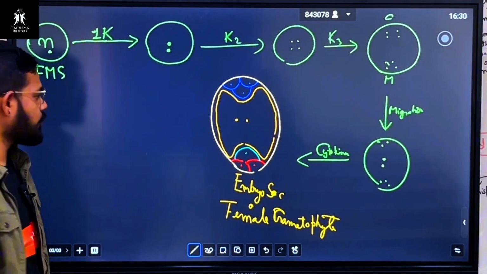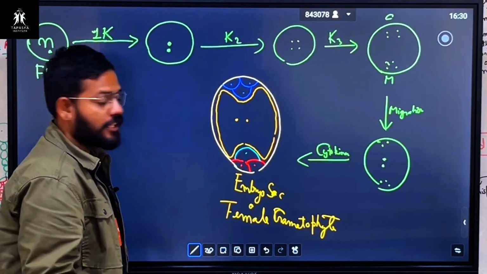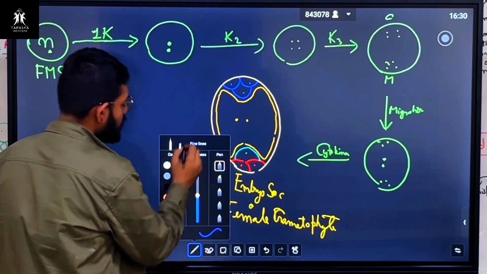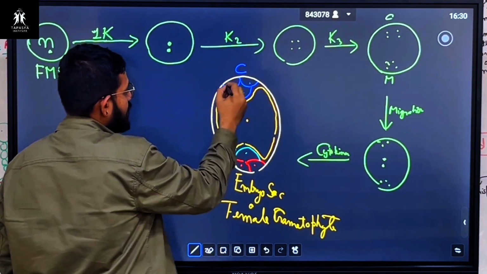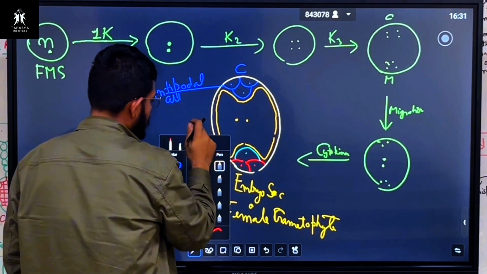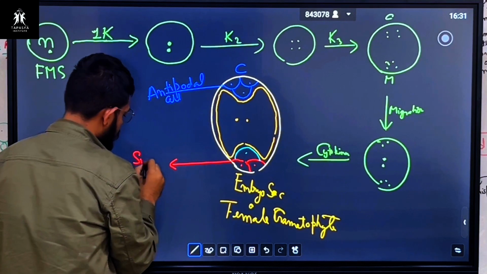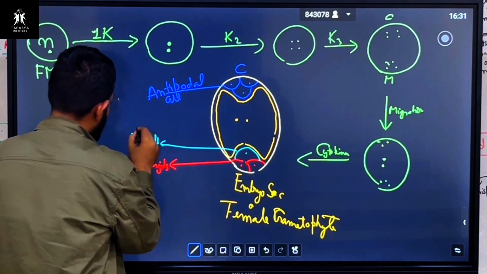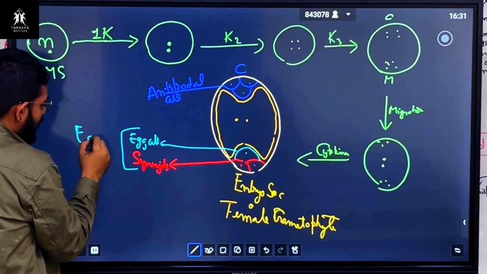Female gametophyte. Now we have to give names to these different cells. This blue one on the top, the chalazal side, is your antipodal cells. These two red ones are your synergids, and this blue one is your egg cell, and combined they are called the egg apparatus.